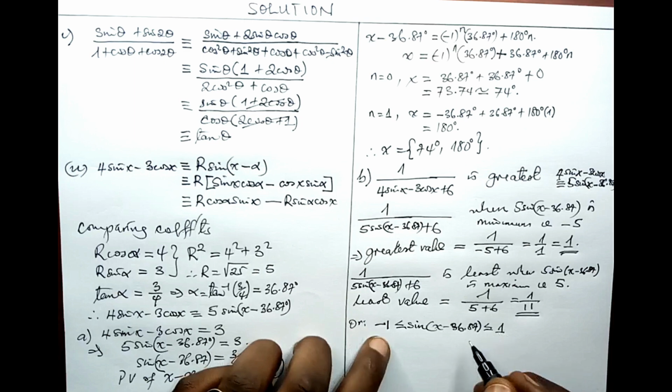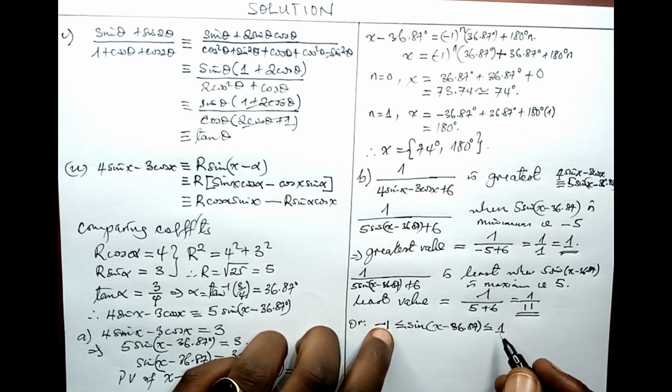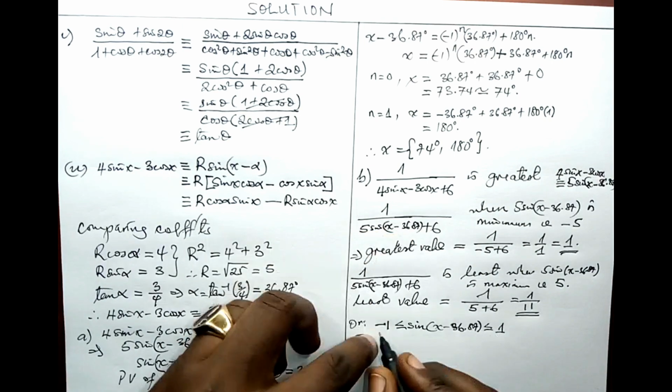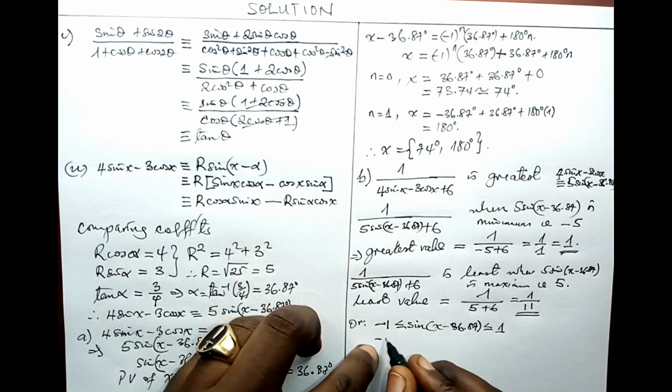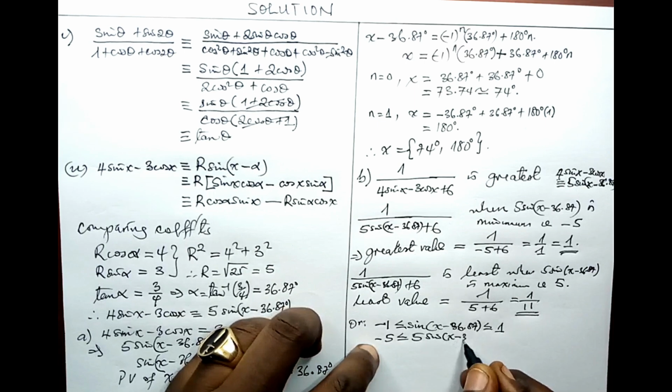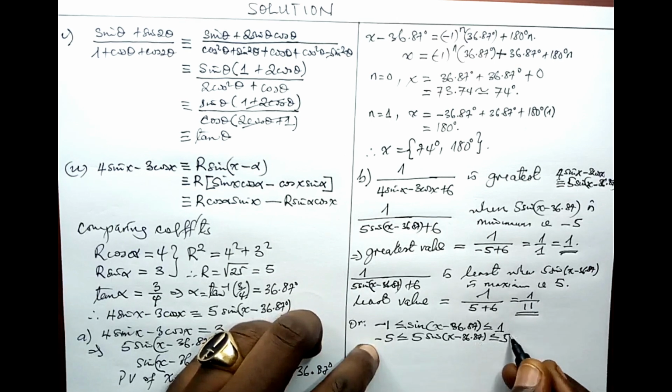That's what we know about the sine function. If I have to work until I get this expression, I simply multiply it through by 5. That gives negative 5 less than or equal to 5 sine bracket x minus 36.87 less than or equal to 5.